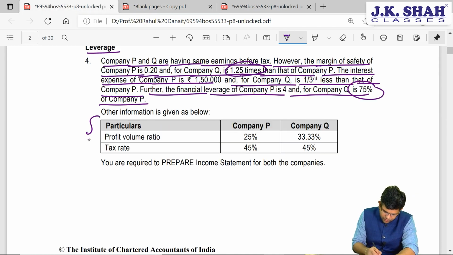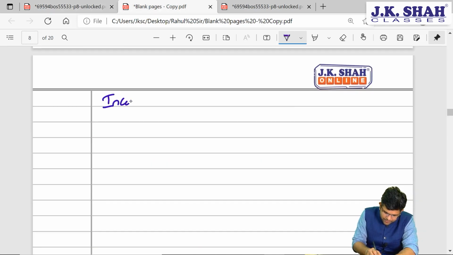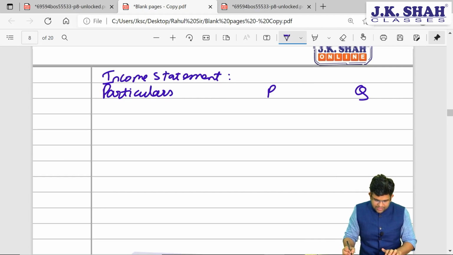Students, here other information is given. We'll take it up in some time. You are required to prepare income statement. So I'll write down here income statement. Now children, in income statement we have got particulars, then we have got these two companies P and Q. Let's start.